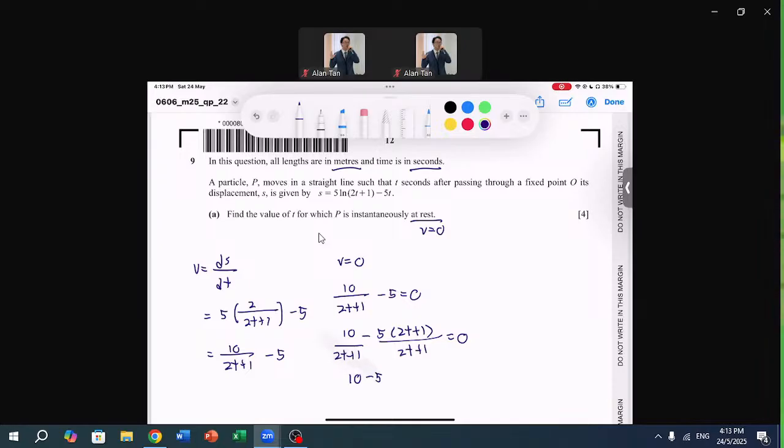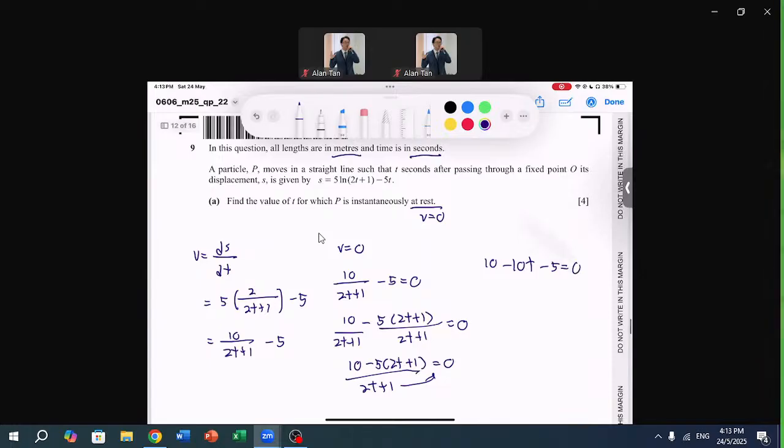I just realized I could have done this easier, but we're not going to talk about that. 2t plus 1 brought over: 10 minus 10t minus 5 equals 0, so 5 minus 10t equals 0. 5 equals 10t, t equals 1 over 2, or 0.5 seconds.